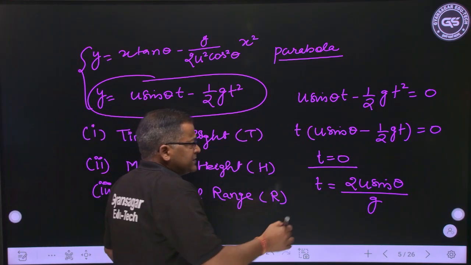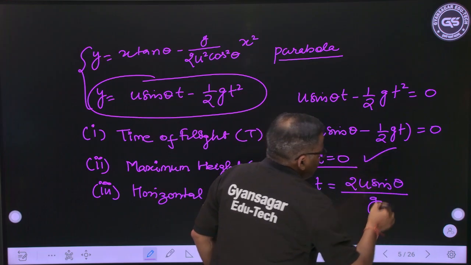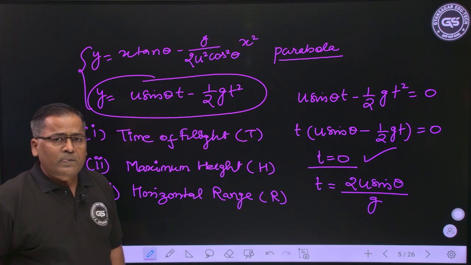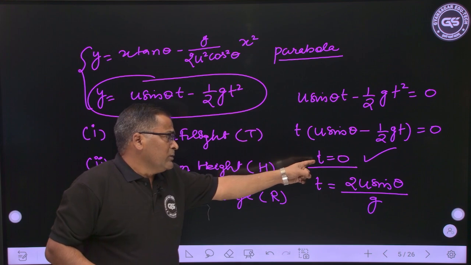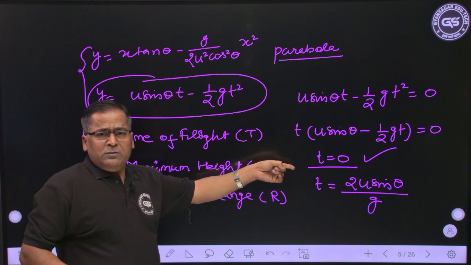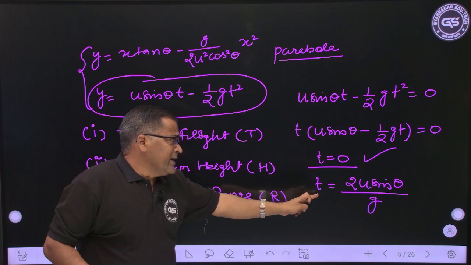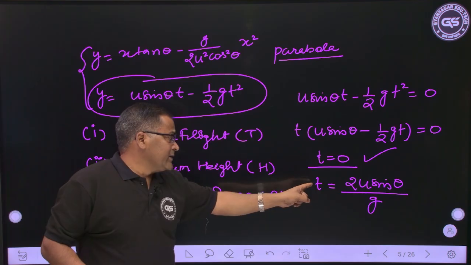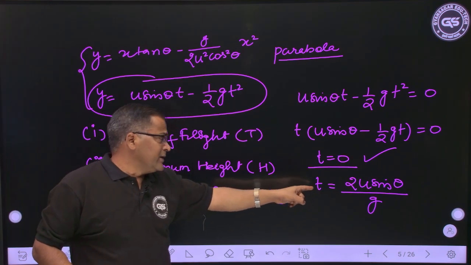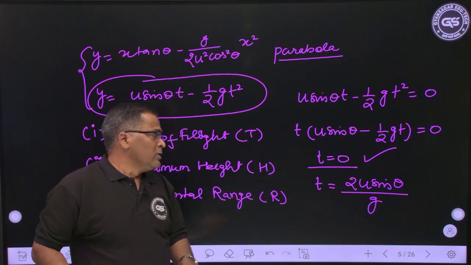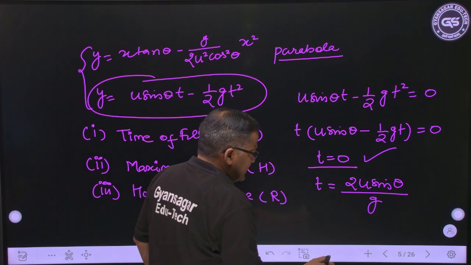So this is the instant when the body has been thrown. When the body was thrown, its y coordinate was 0 and for that t was 0. When the body has landed, that means time of flight, that is given by this t, and at this instant the body has landed. So this is my time of flight.